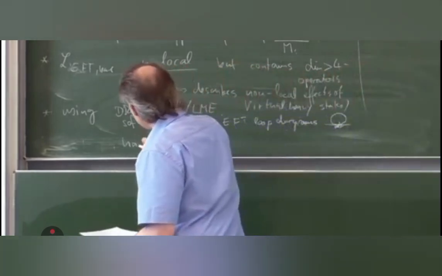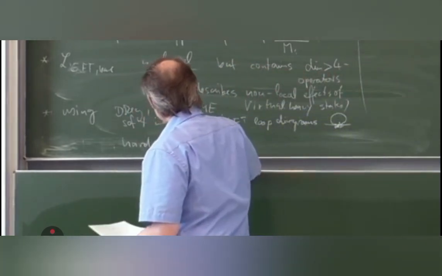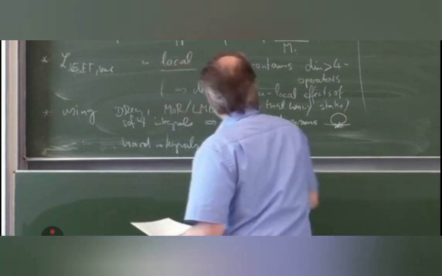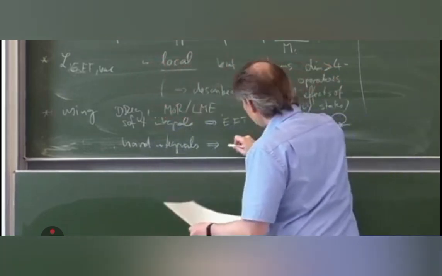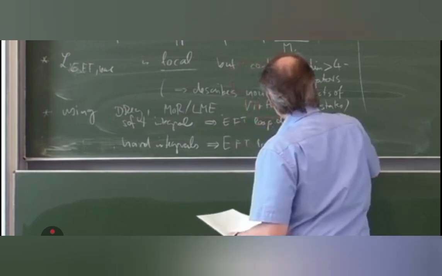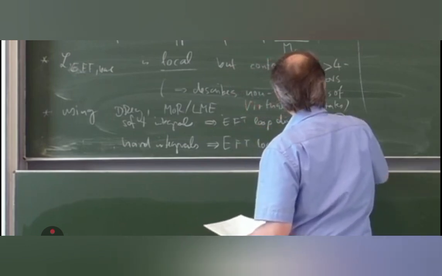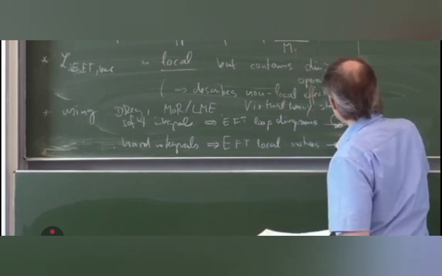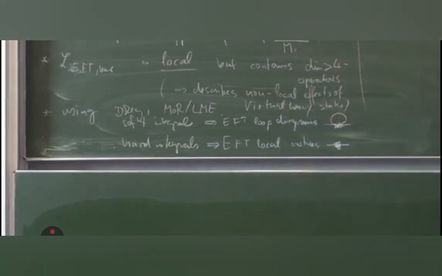On the other hand, the hard integrals contribute EFT local vertices, such as this one, when we integrate out or look at the hard part of the g-2 loop diagram, where we assume that the momentum in the muon line is also heavy, and therefore the entire loop can be contracted to a point.